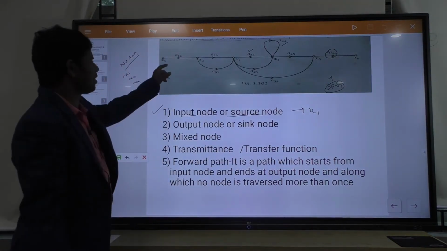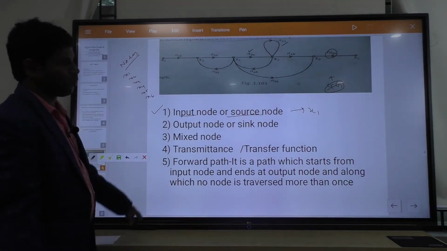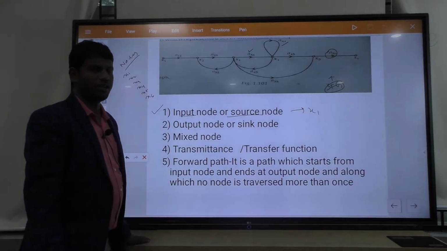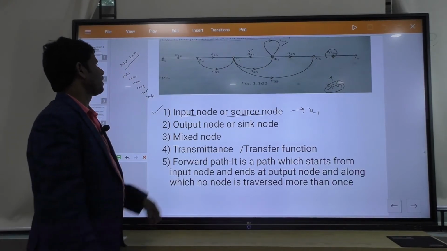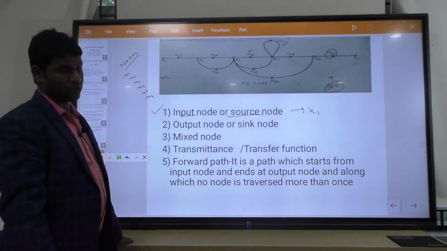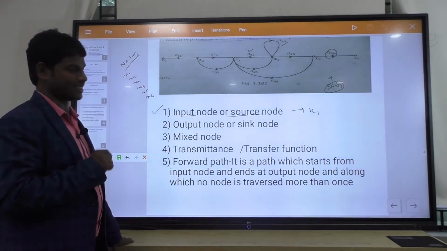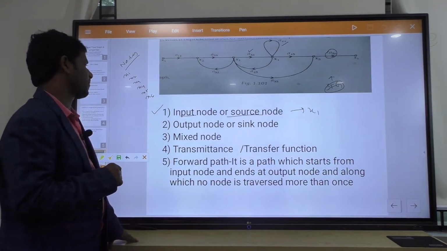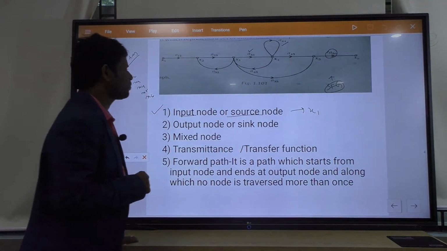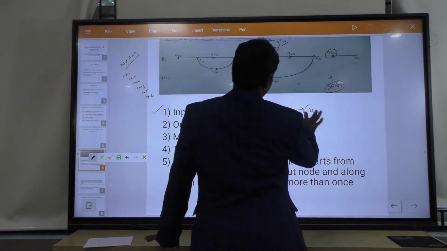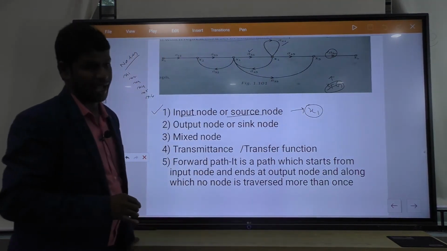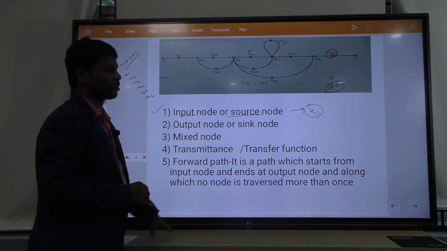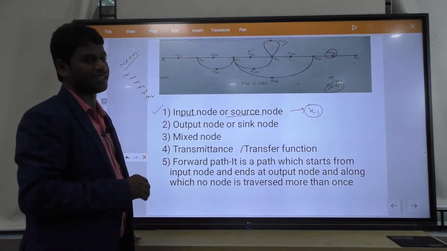Input node or source node is a node which has only outgoing branches. x1 has only outgoing branches, no incoming. So the x1 node is an input node because it has only outgoing branches, that is x1 to x2. The input node is also a source node because the signal starts here. The signal starts at this point: source node.